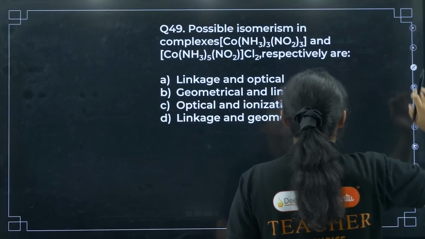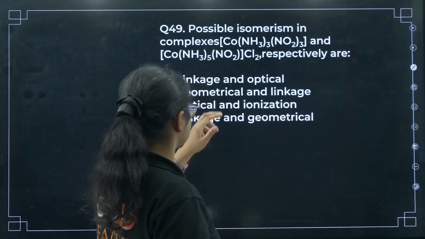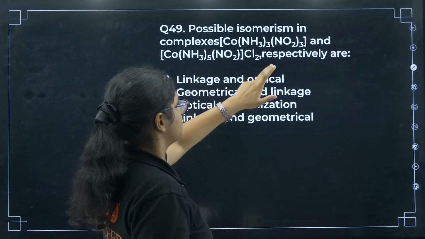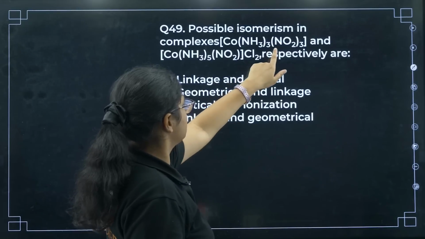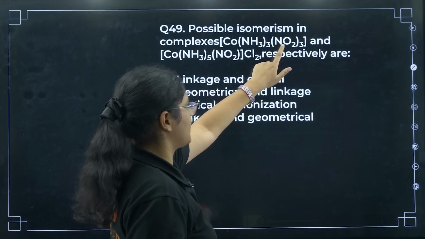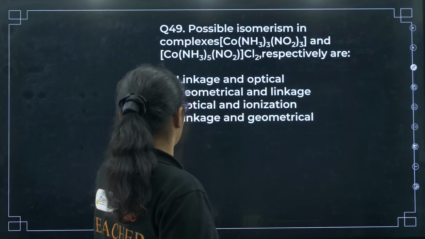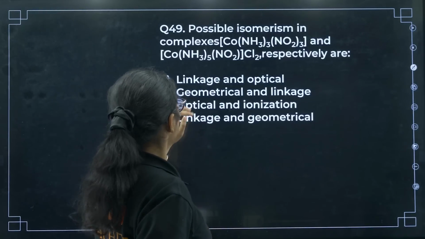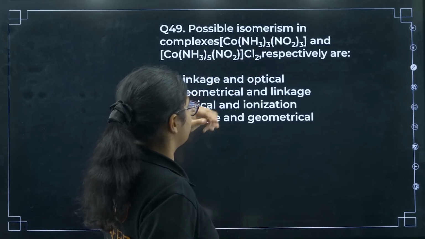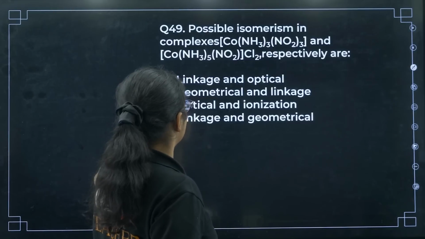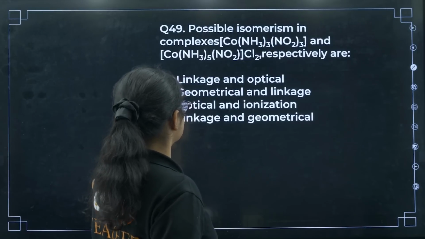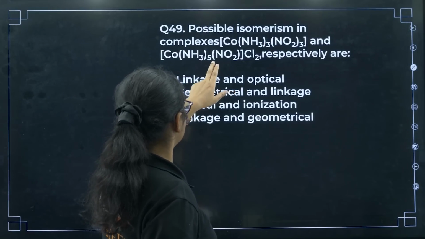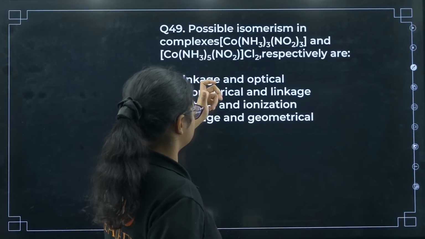Next, we have here possible isomerism in the complex, this one and this one respectively are. So if you see here, we can have NO2, so there can be linkage isomerism. So one will be linkage, I can eliminate these two, right? In this we will definitely have linkage isomerism. And for the next one, that is here, we have [Co(NH3)5NO2]Cl2.